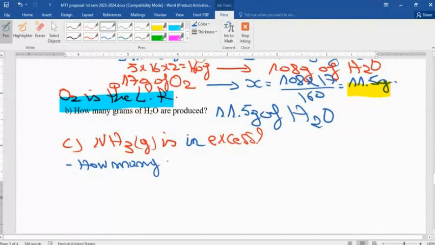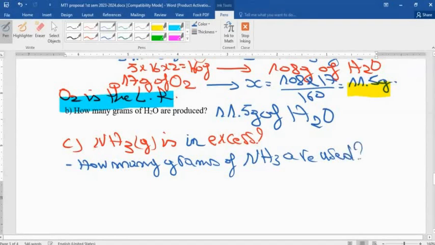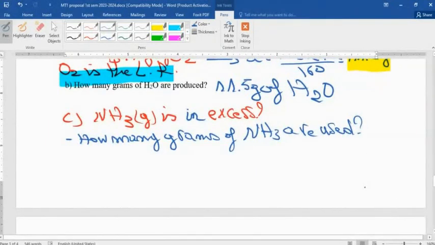Once I find how many grams of ammonia are used, I just make the subtraction between this value and what I have put in the beginning, 32 grams. So now the problem is how many grams of ammonia I have consumed.